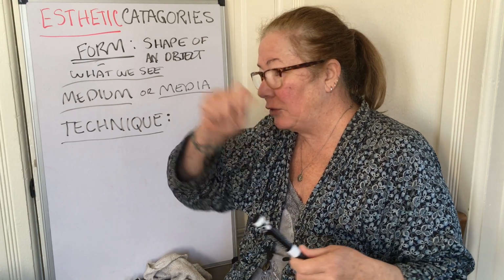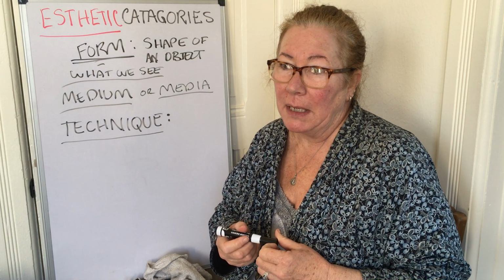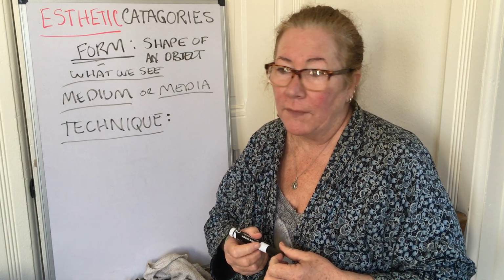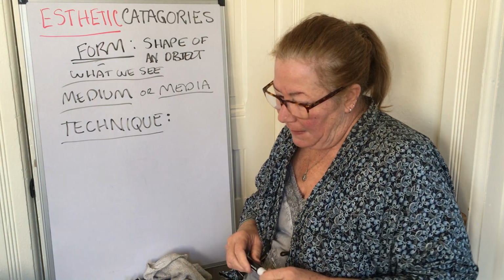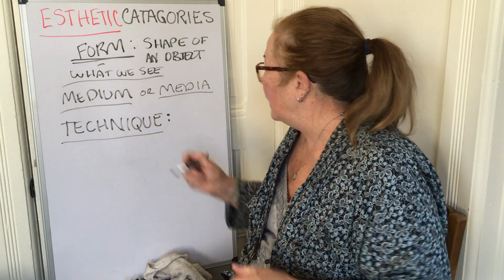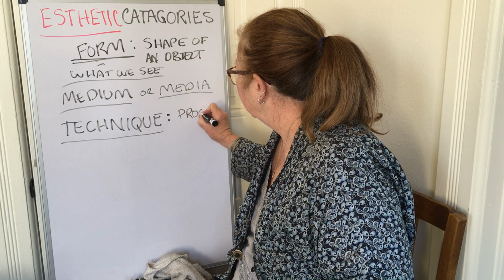In painting, it's the actual art of painting, right? In sculpture, it could be a number of different things. Wood carving, working stone. It could be welding with metal, right? That could be the process. The technique is the technical process.